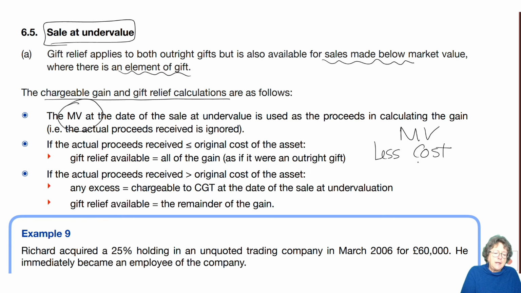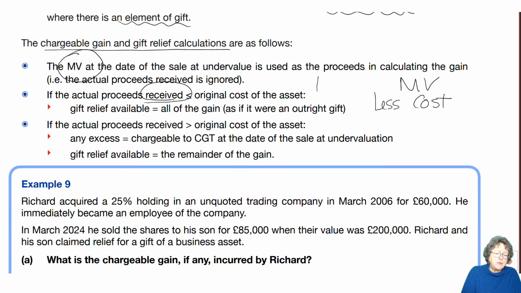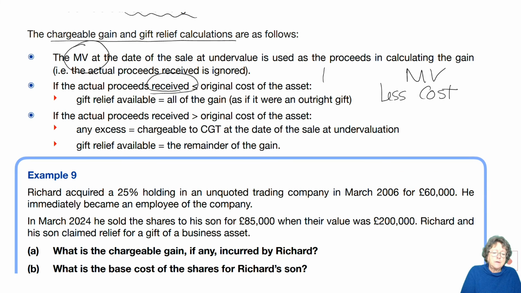Okay, now if actual proceeds are received, and that is greater than the original cost of the asset, then gift relief is available, all of it, and it's treated as an outright gift. However, if proceeds received are less than the original cost, then any excess is charged to tax and you get gift relief on the remainder of it.